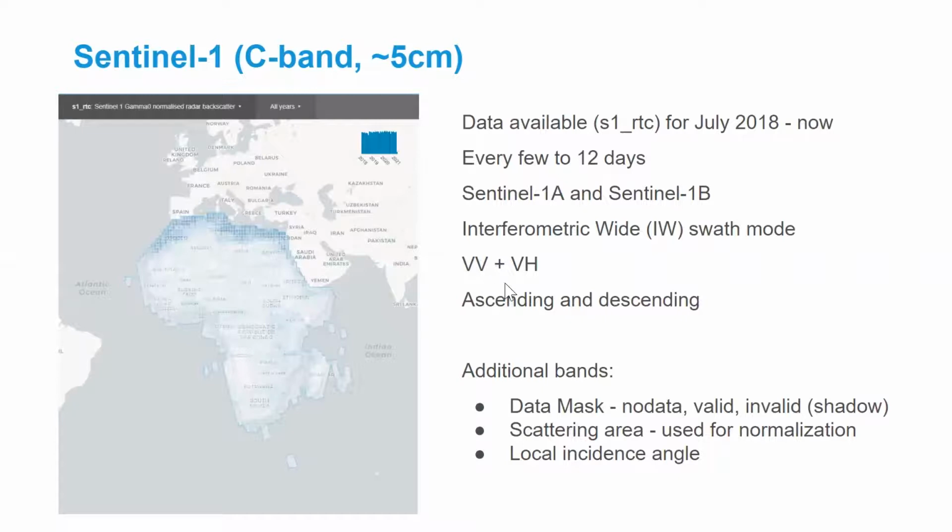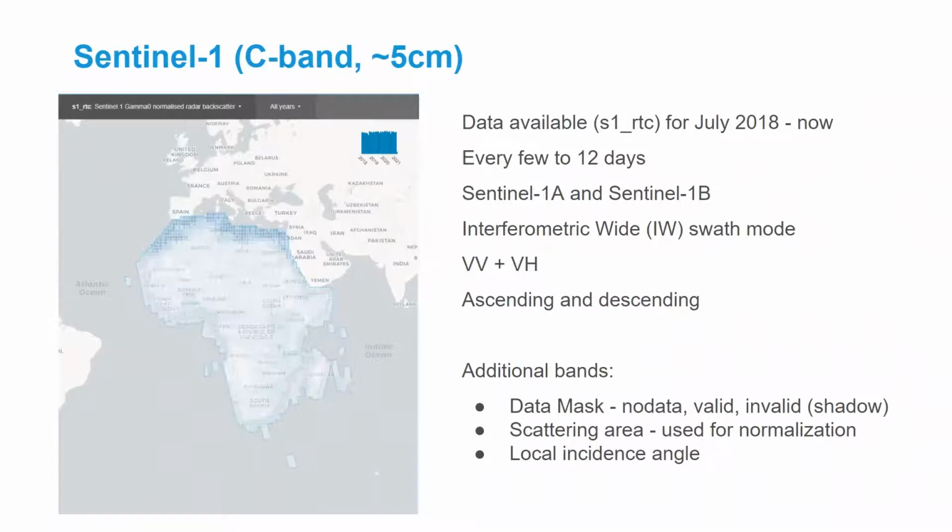So the polarization designation means that VV means the signal is emitted by the sensor in vertical polarization, and then it is also received as vertical polarization. And then VH means the signal is sent as vertical, but received back as horizontal polarization.